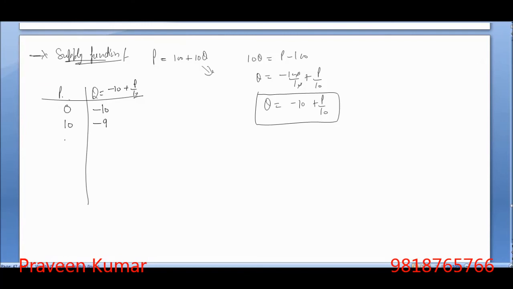If we have 20, then minus 8. When we have 30, this is minus 7. When we have 40, this is minus 6. Then when we have 50, we have minus 5.